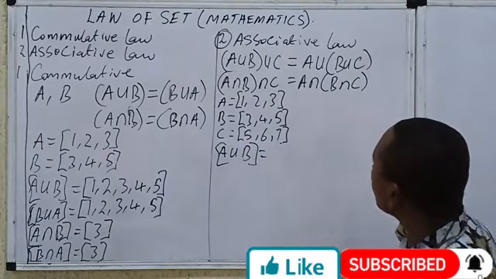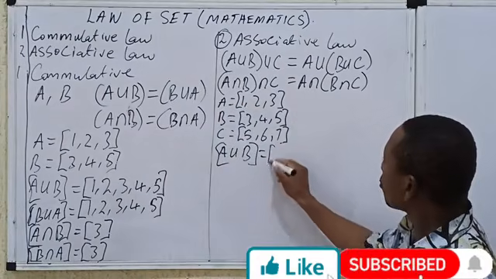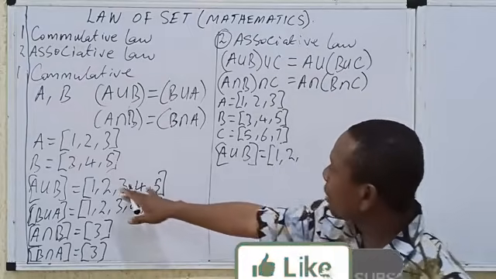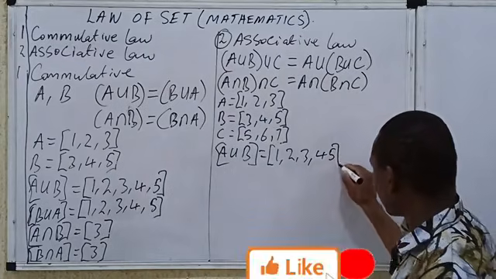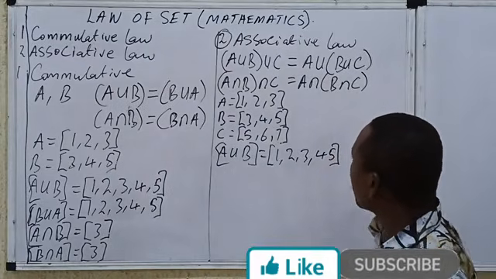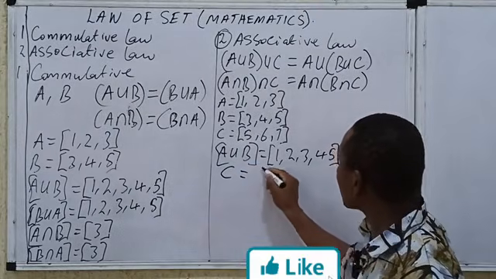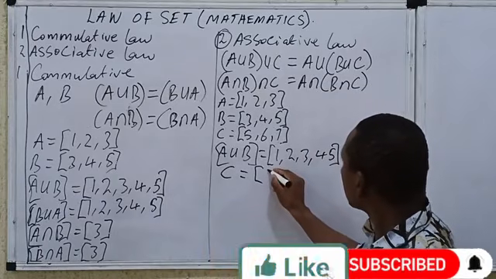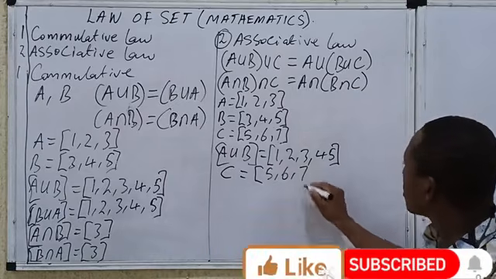From what you have on the board, A union B is 1, 2, 3, 4, 5, since we are using the figure. Now let's drop C here. The set C is 5, 6, 7.